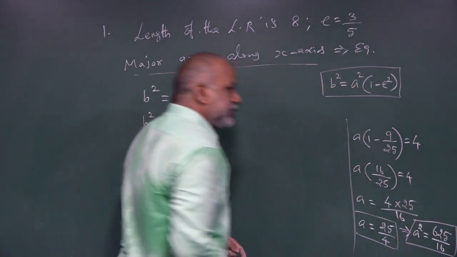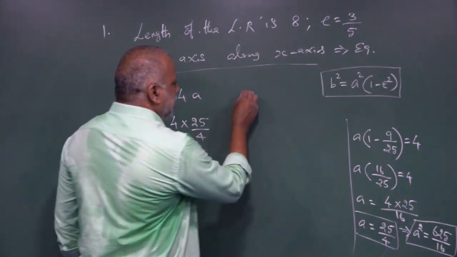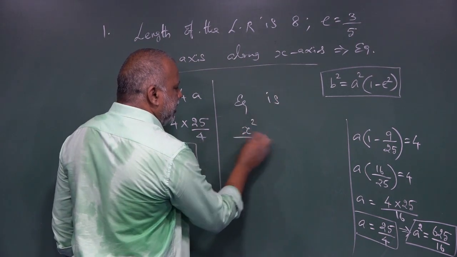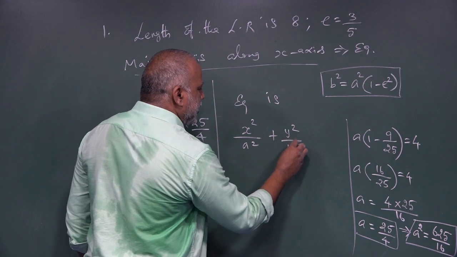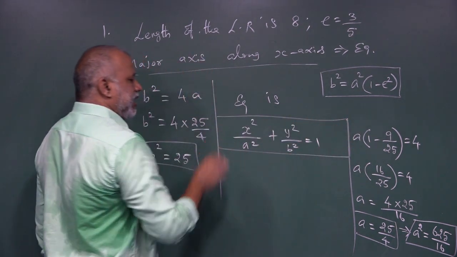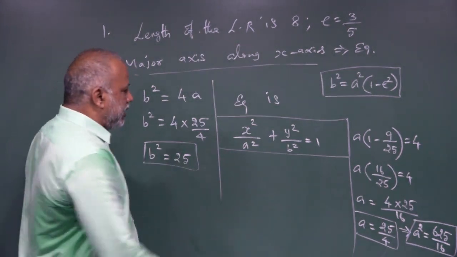How are we justifying? Major axis along the x-axis. By the concept, the equation is x squared by a squared plus y squared by b squared equals 1. This is the required equation of an ellipse. Just now we worked out the value of a squared.